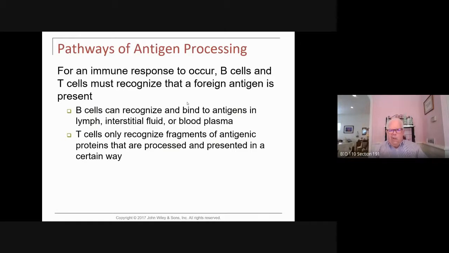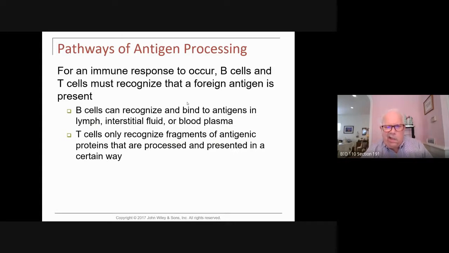For the immune response to occur, B cells and T cells must recognize that a foreign antigen is present. That bacteria doesn't belong here. That cancer doesn't belong here.